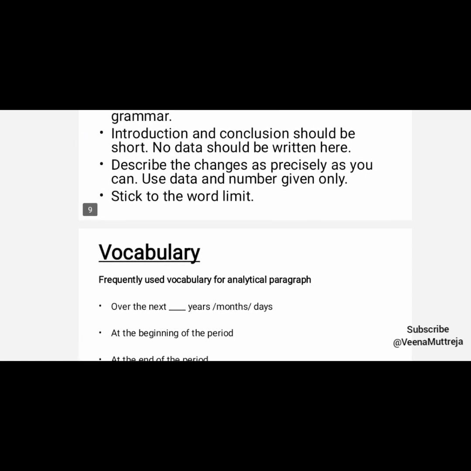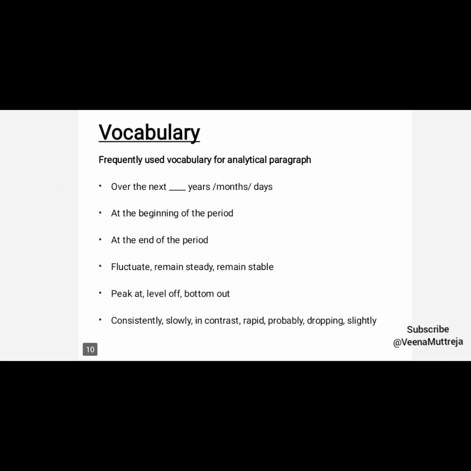Let us do one example, and before that I want to tell you some vocabulary. I have written here some of the phrases and words that are frequently used for writing an analytical paragraph. Over the next dash years, months, or days, or you can use at the beginning of the period or at the end of the period, whatever your requirement is in the question.